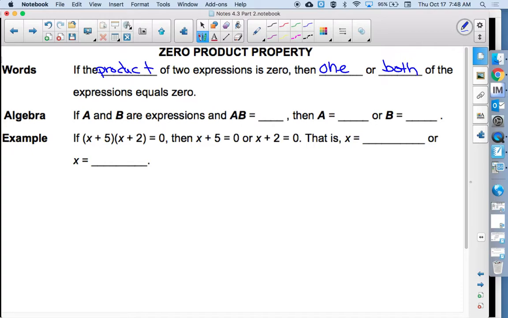So if I have 2 things I'm multiplying together, and the whole expression is equal to 0, then one of those expressions has to be 0, because 0 times something equals 0. Or both of them can be 0, because 0 times 0 also equals 0.